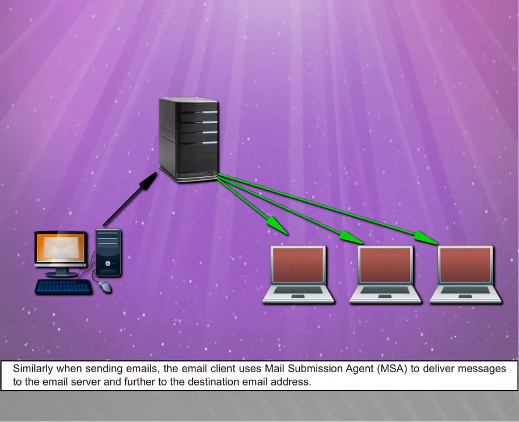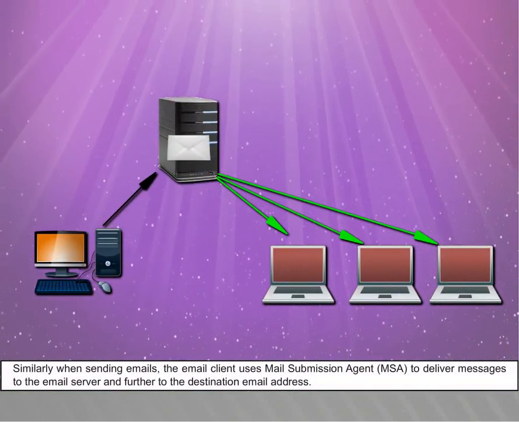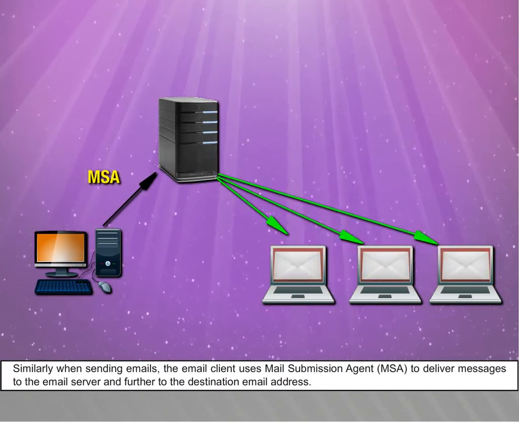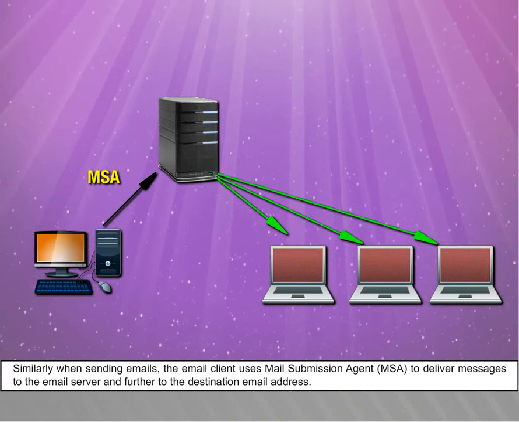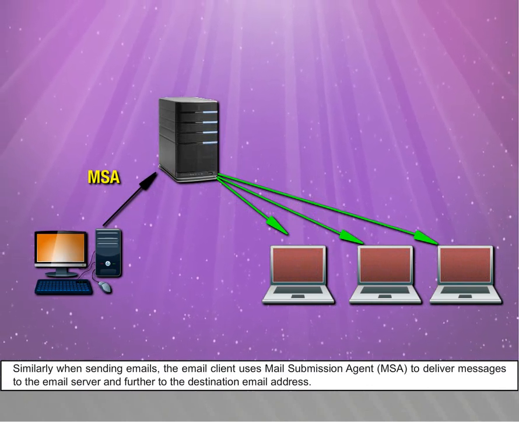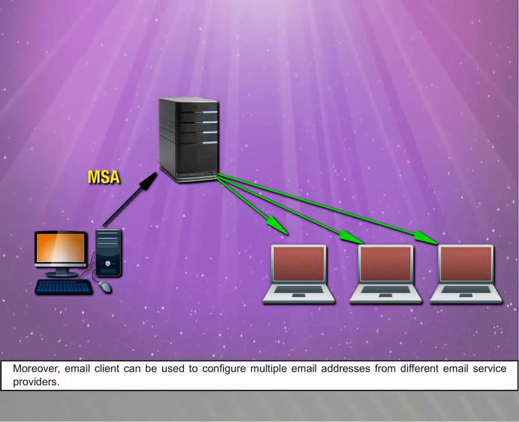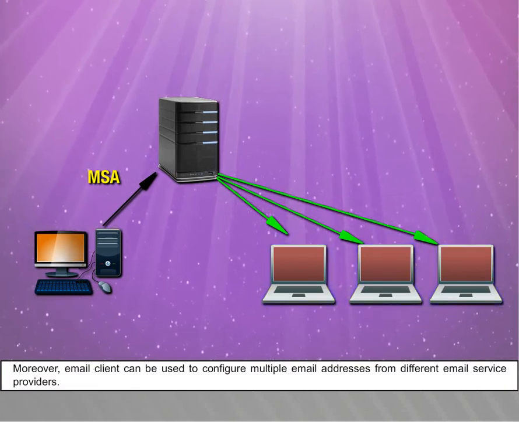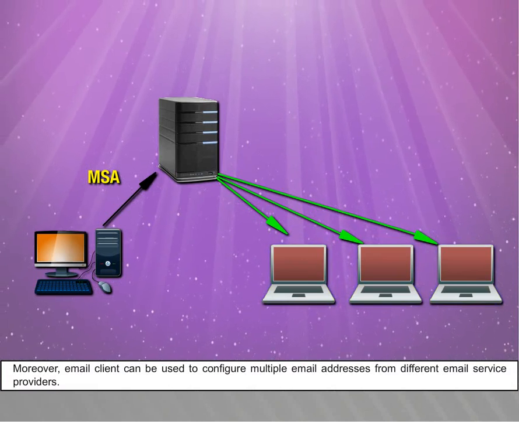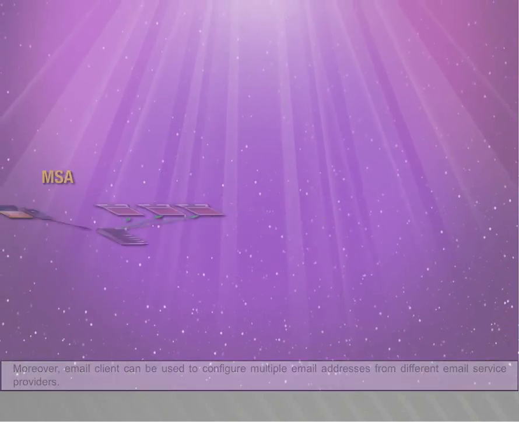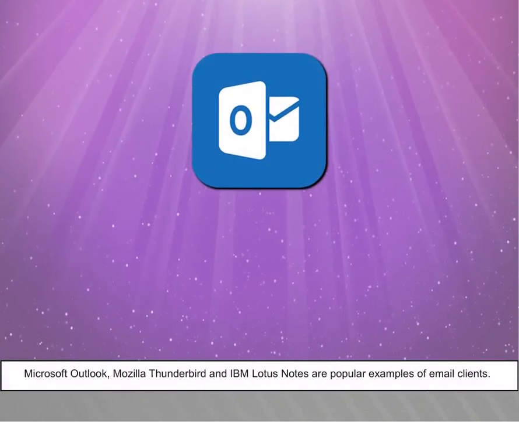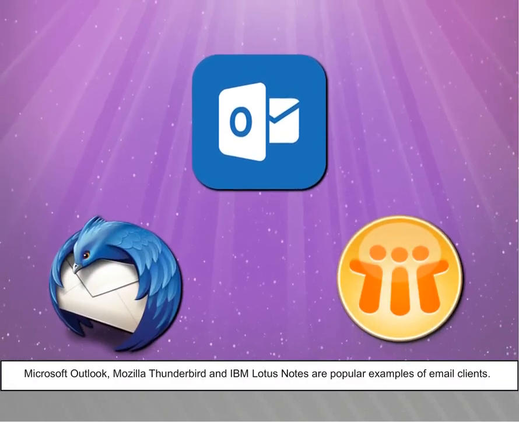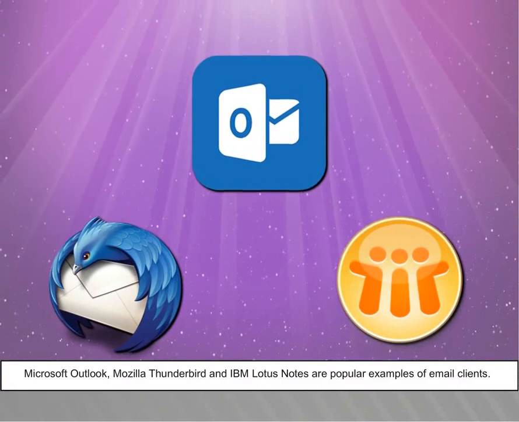Similarly, when sending emails, the email client uses the mail submission agent (MSA) to deliver messages to the email server and further to the destination email address. Moreover, an email client can be used to configure multiple email addresses from different email service providers. Microsoft Outlook, Mozilla Thunderbird, and IBM Lotus Notes are popular examples of email clients.